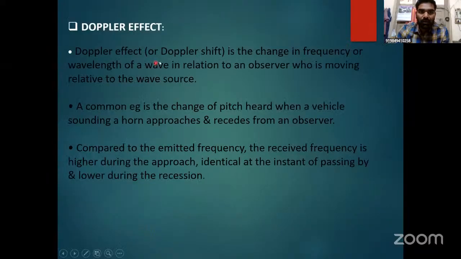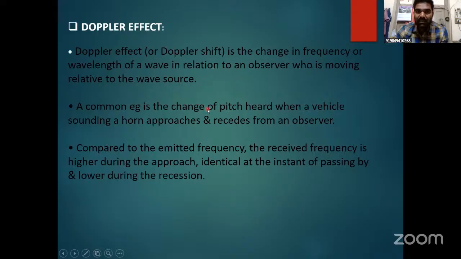So Doppler effect or Doppler shift is the change in frequency or wavelength of a wave in relation to an observer who is moving relative to the wave source. So what is Doppler shift? It is a change in frequency or wavelength of a wave in relation to an observer.